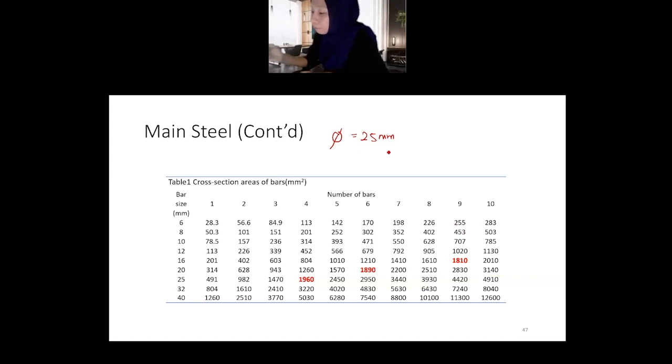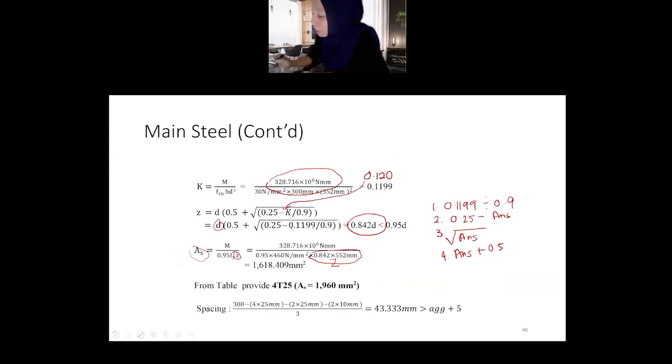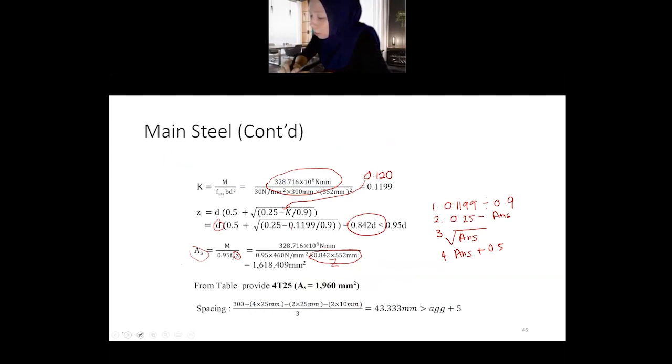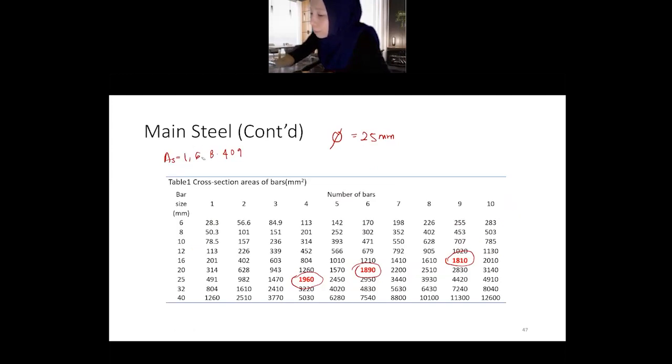So kita ada few choices. Because AS, we know that our AS is 1618.409.